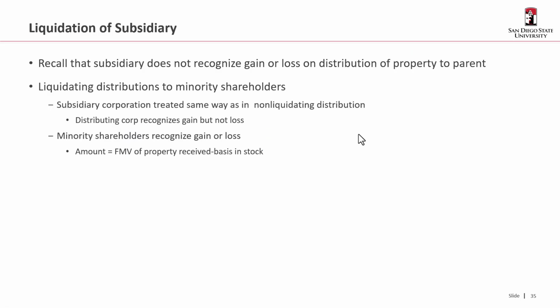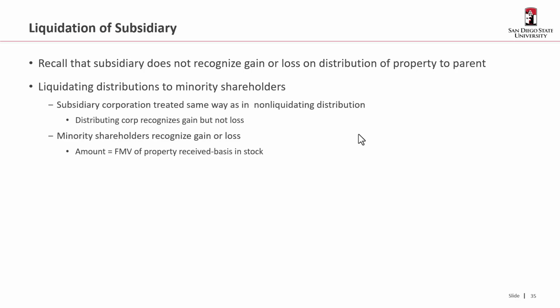Recall that the subsidiary doesn't recognize gain or loss on the distribution of property to the parent. But what if there's a liquidating distribution out to minority shareholders, and those minority shareholders by default have to own less than 80% because they have to own 20% or less. So the subsidiary corporation would be treated the same way as in a non-liquidating distribution.